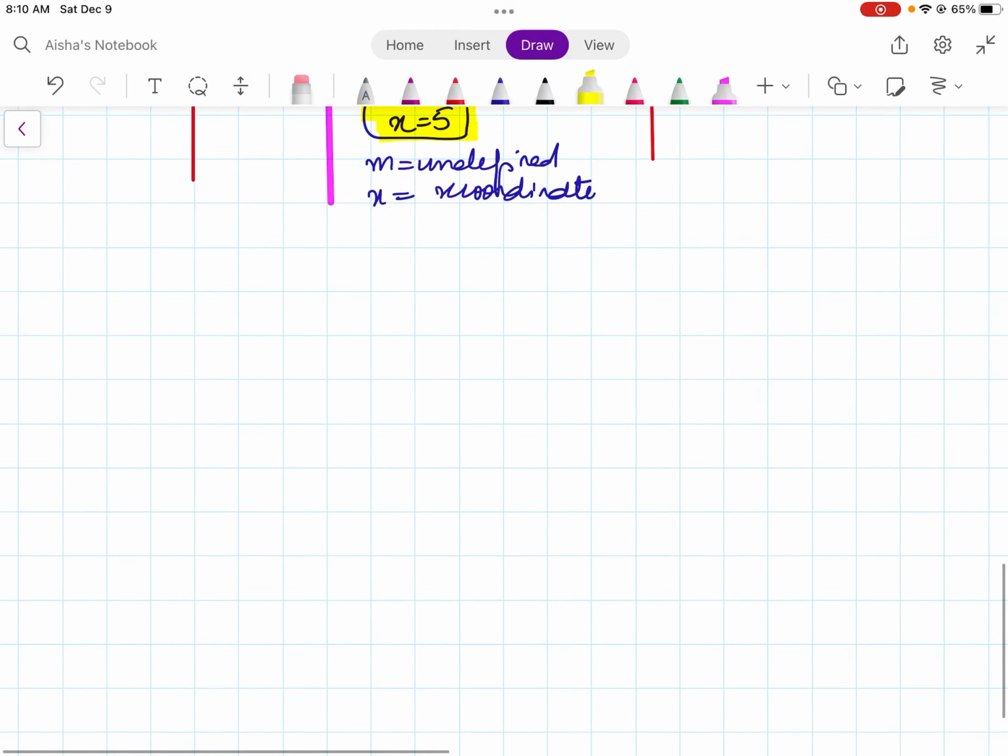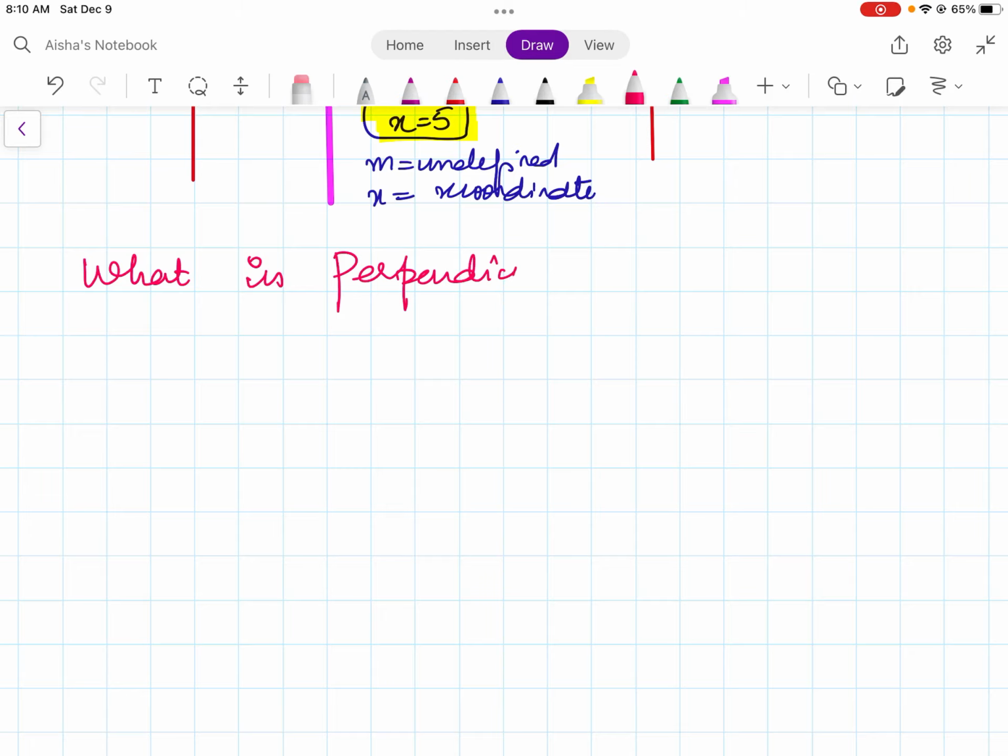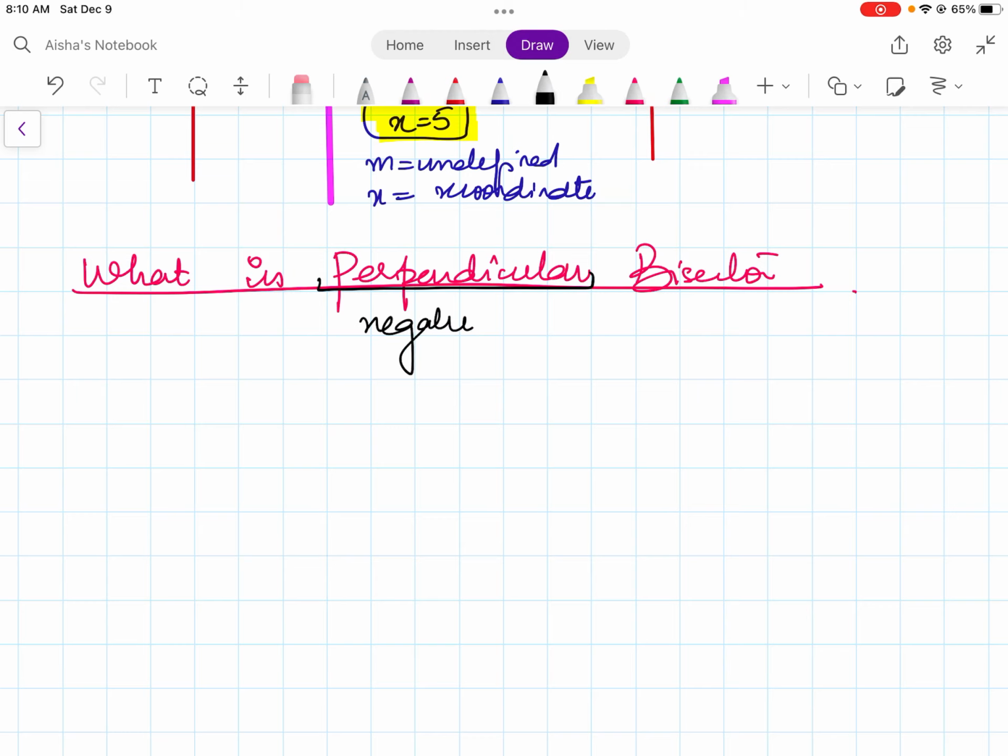Now we come to what is perpendicular bisector. Perpendicular bisector means negative reciprocal gradient. Bisector means cuts through the midpoint.